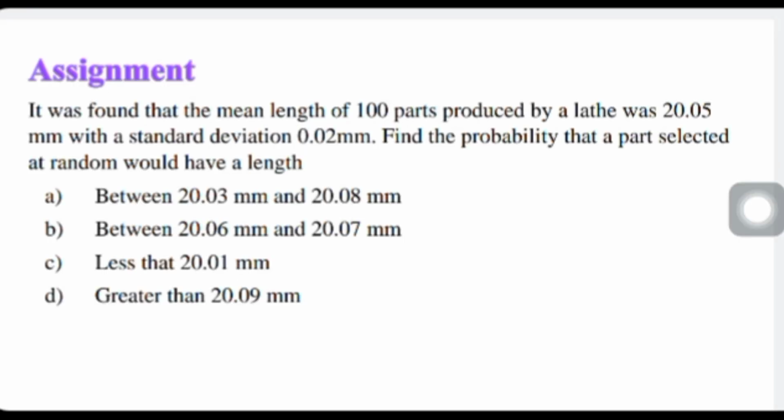Here is the assignment. It was found that the mean length of 100 parts produced by the lathe was 20.05 millimeters with a standard deviation of 0.02 millimeters.